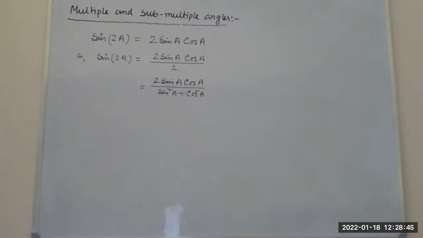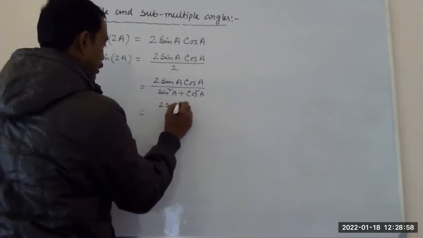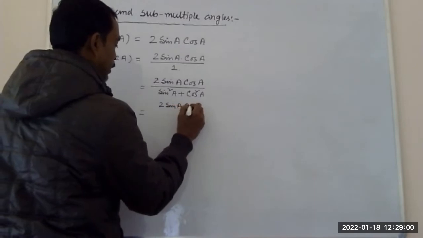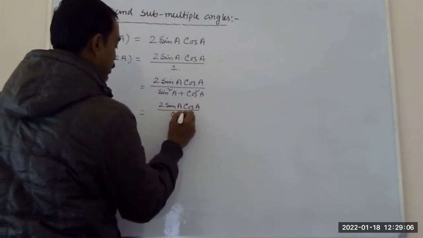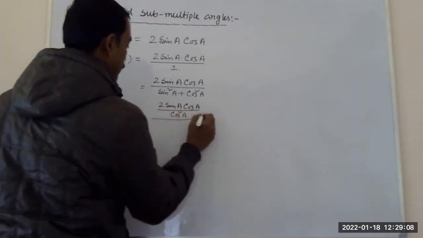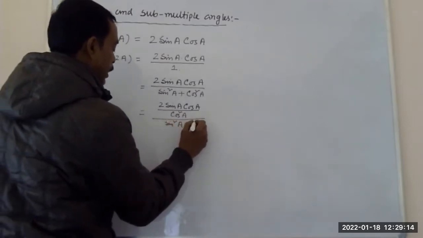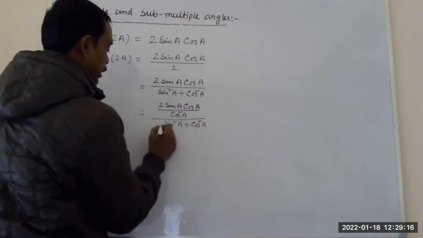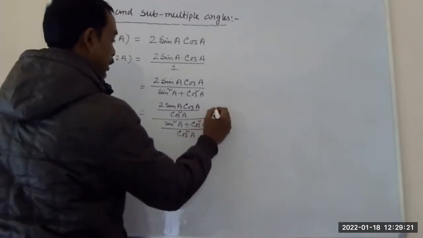Instead of 1, we are writing here sin square A plus cos square A. Now dividing numerator and denominator by cos square A, then it is 2 sin A cos A by cos square A divided by sin square A plus cos square A by cos square A.